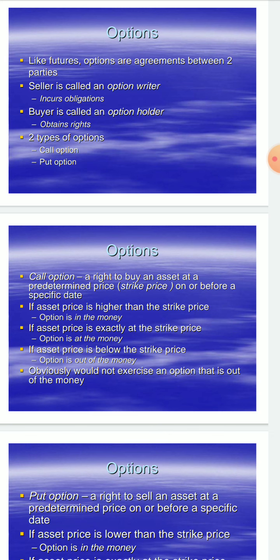Let us understand this with an example. Let us say there is A and B, a buyer and a seller.